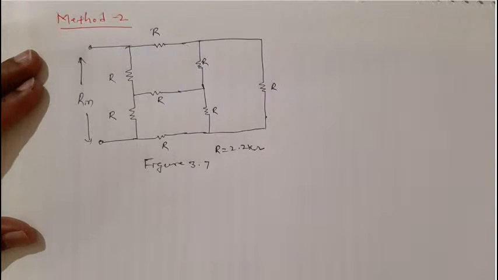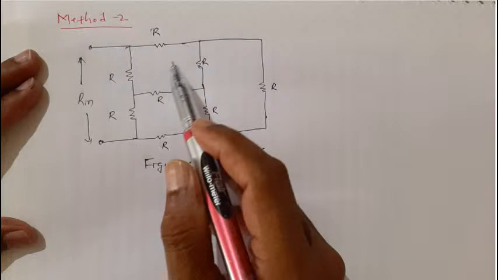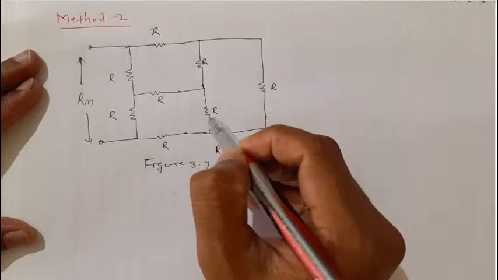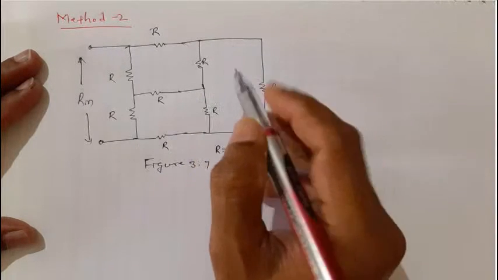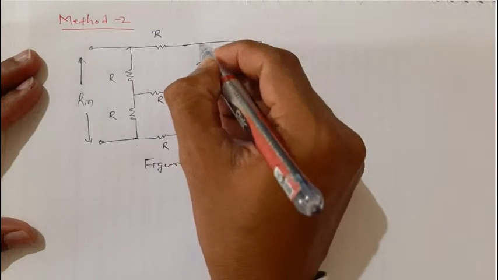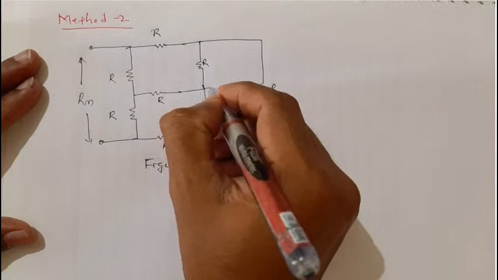In the previous method we started converting a T network, whereas here we have a delta network. Look at dear students, these 3 resistors will form a delta network. I will convert these 3 resistors to an equivalent T network like this.